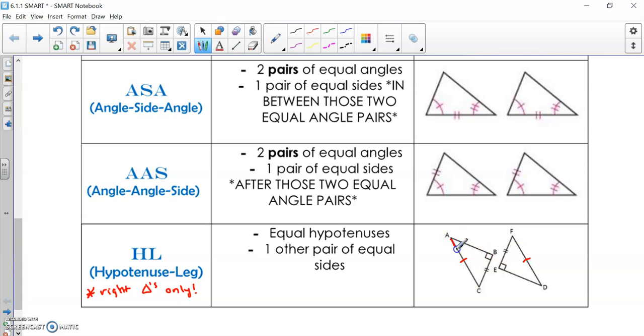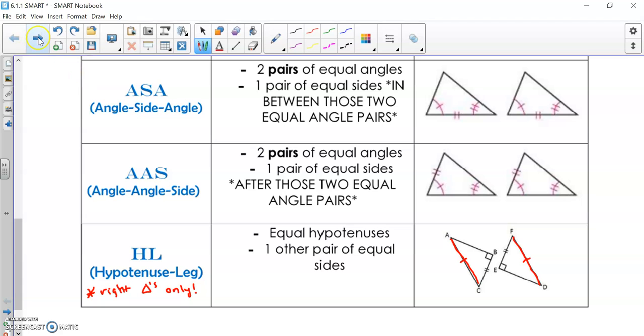So these sides, the longest one, we know what a hypotenuse is from last semester. The hypotenuses have to match, and then one other leg, so one other side, has to be congruent or matching with the other triangle. As long as we have those 2, then we are good to call it congruent. And the reason for that is because right triangles, since they have this 90-degree angle, once these 2 particular sides match, the third one will have no choice but to match as well.